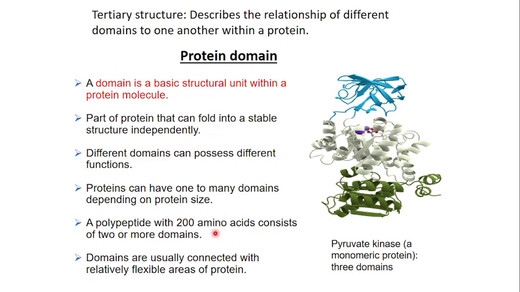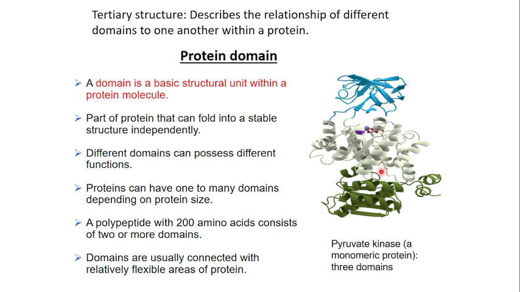A polypeptide with 200 amino acids consists of two or more domains, so that varies as to how many domains you would be having. The most important thing is that it is the basic structure within a molecule which has the ability to fold independently and then carry out different functions, and these domains are connected via flexible regions of the protein.